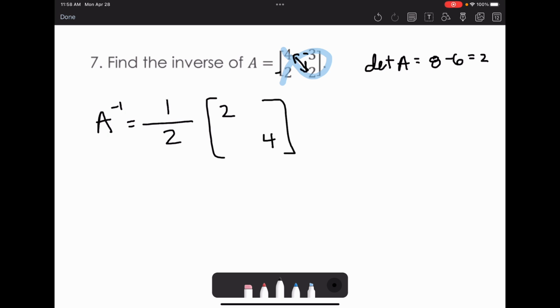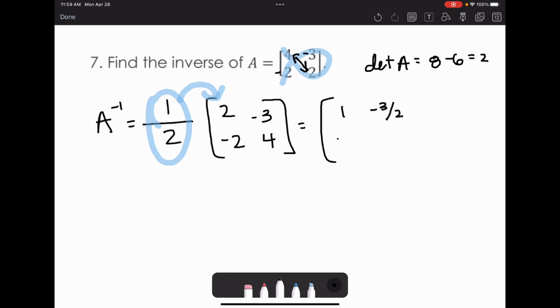And then we make these ones negative. So negative 3, negative 2. And we're going to multiply this fraction in to each of those. So that would be 1, negative 3 halves, negative 1, and 2. And that's our inverse.